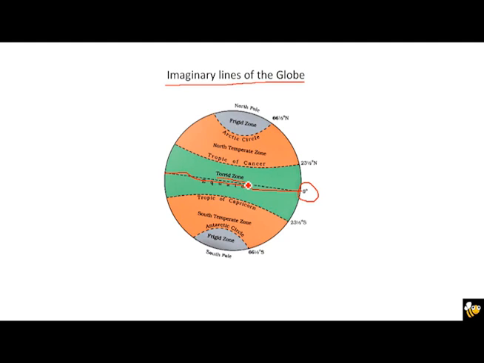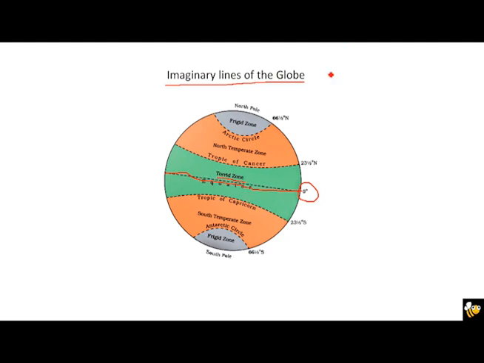Whenever the sun's rays fall on the Earth, the rays of the sun are vertical over the equator, and this is the region where the maximum heat is trapped by the Earth. So this region we call the torrid zone.